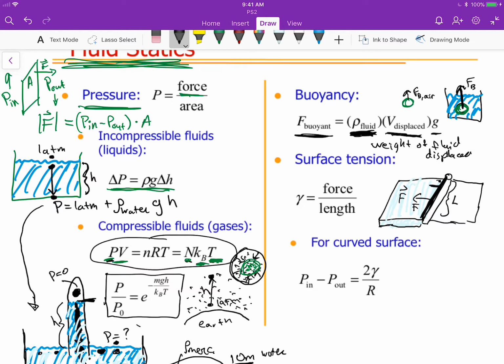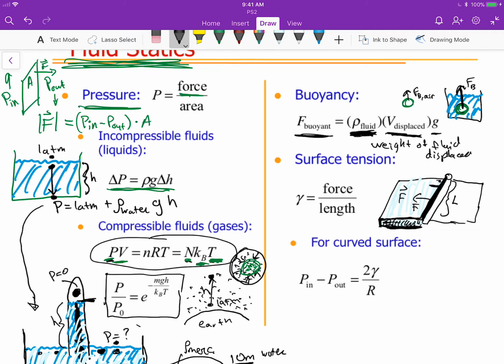So in all of here, there's water, and then there's an interface of water to air up here at the top, and there's also an interface down here at the bottom.